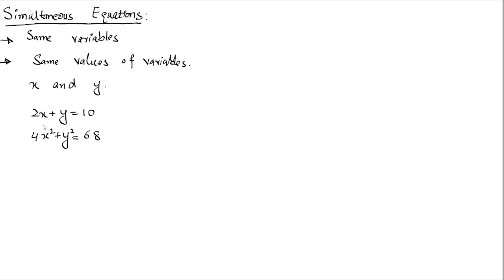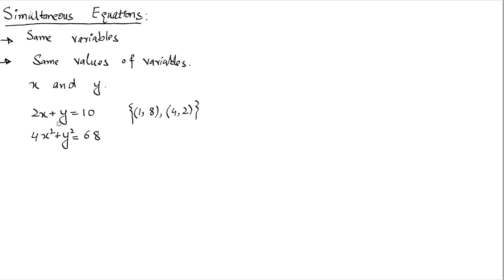Now these two equations are constructed using variables x and y, and they are satisfied by the same values of the variables. When x is equal to 1, the value of y is 8, so it is satisfied by the ordered pair 1 and 8. Similarly, if the value of x is 4, the value of y is 2, so it is satisfied by the ordered pair 4 and 2.